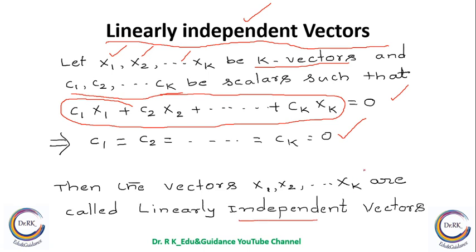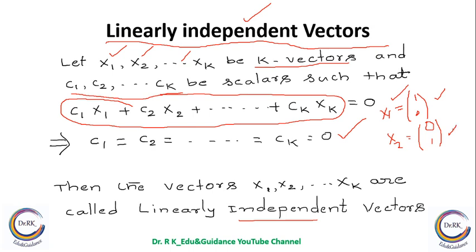Now to understand this in a better way, suppose we take x1 equal to the simple example which we started with when we discussed rank of a matrix, 1 0, and x2 is 0 1. These are two vectors. Now we want to check whether these two vectors are linearly independent or not.